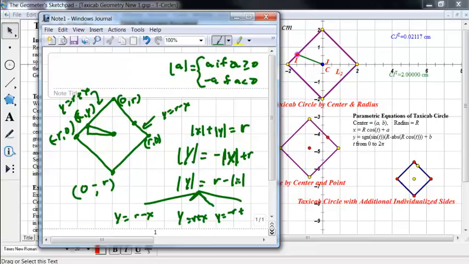Negative on x makes that positive. The minus is going to make this negative. So this is y equals negative r minus x. And finally, this side here is x positive, y negative, so it's y equals negative r plus x.